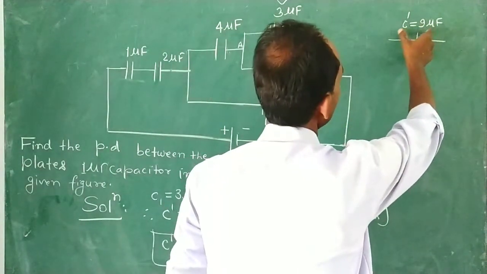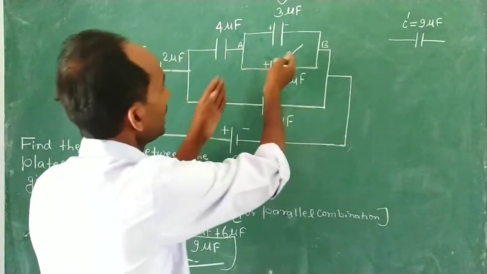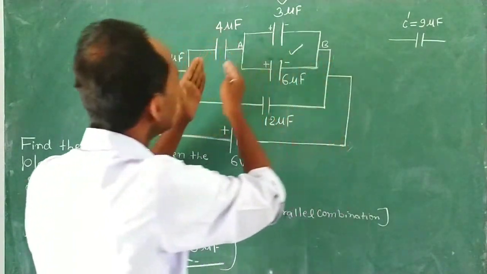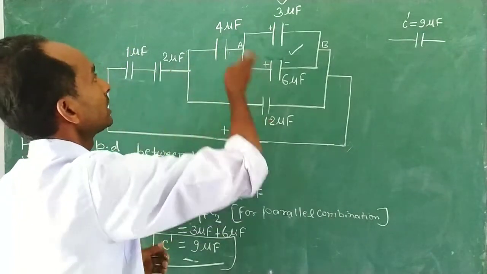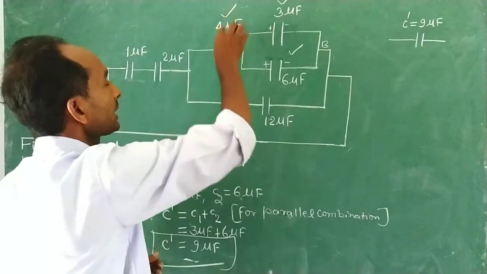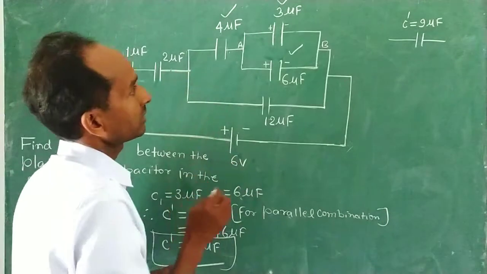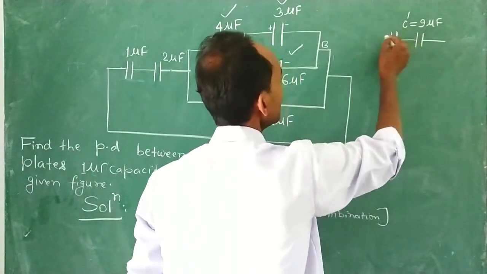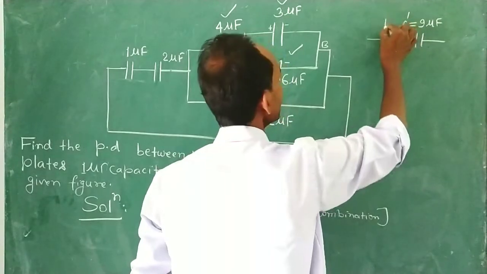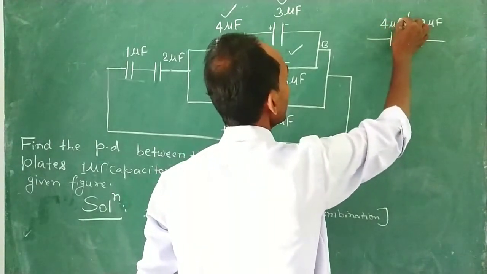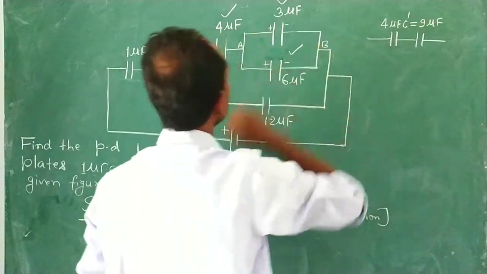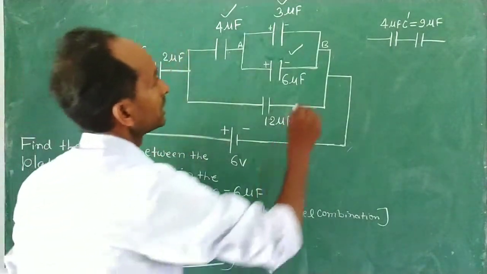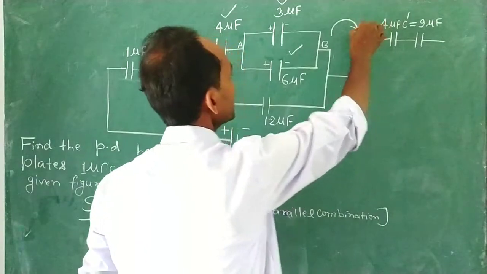This 9 microfarad will be connected to the other capacitor of 4 microfarad in series combination. This is 4 microfarad. Now this circuit is reduced like this.